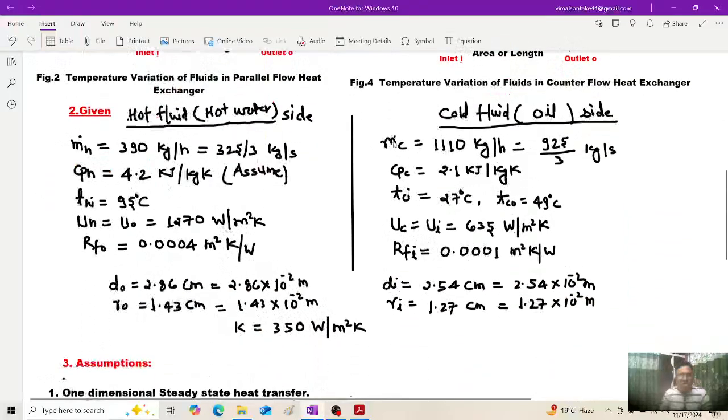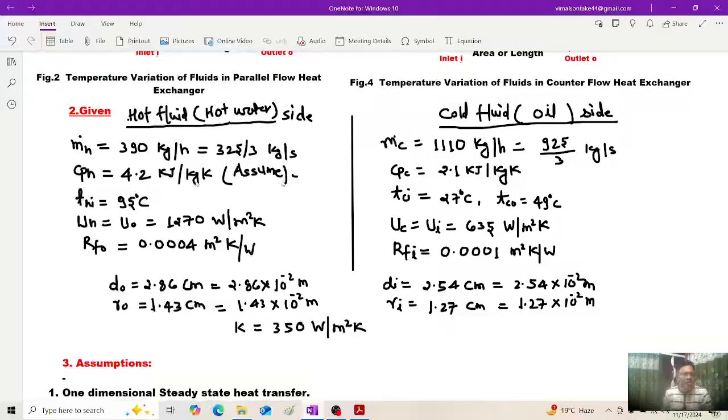So the parameters given on the hot fluid, that is the hot water side, are: mass flow rate of hot water, m dot h, 390 kg per hour. Let us convert this into kg per second: 325 by 3 kg per second. Specific heat of hot water, Cph, is equal to 4.2 kilojoule per kg per Kelvin. We will assume this because if one of the fluids is water, its specific heat is not generally given in the problem statement.